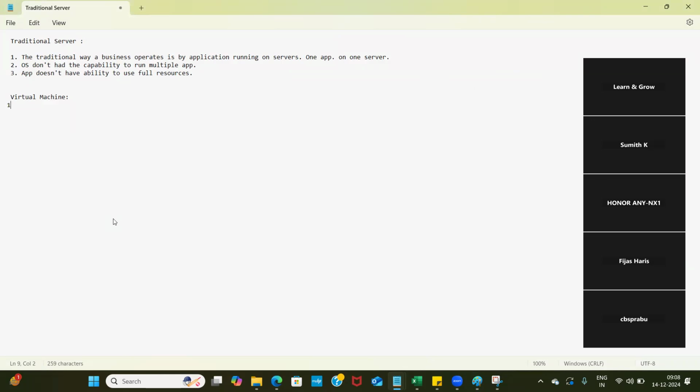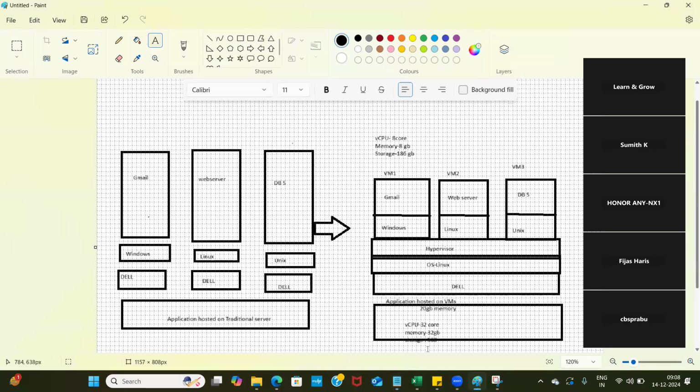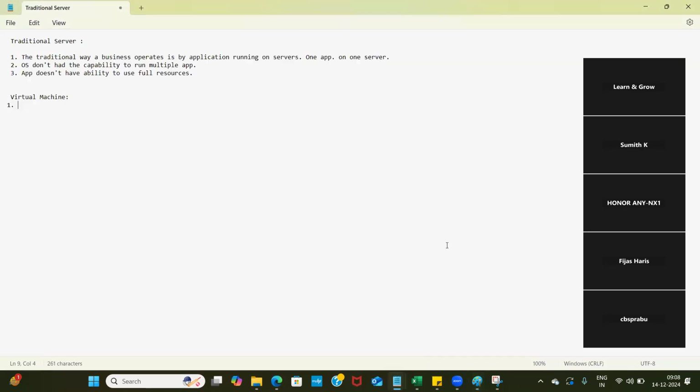Now the virtual machines, now you are able to understand the thing. Software, hardware, a server, the hypervisor is present. You can see here, this is your hardware. On top of that, the hypervisor is present. Of course, a Linux operating system is present. Without the operating system, nothing will happen there.